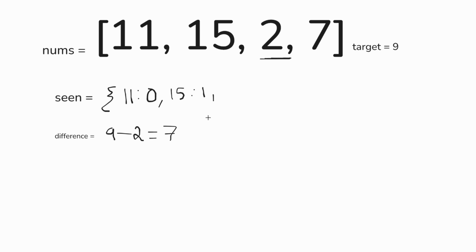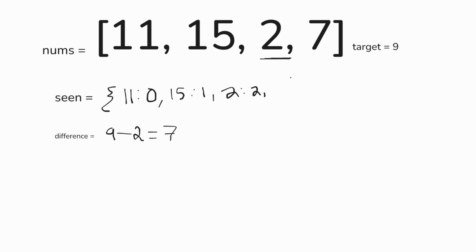Okay, so we're going to look in our seen hash map, which keeps track of all the numbers that we've already seen in our nums array, and we're going to say, okay, do we see a 7 here? No, we don't. So we don't see a 7. So what do we do when we don't see the value in our seen hash map? That means that we don't have a solution yet. So we just add the 2 to our seen and we say where we've seen it. We've seen 2 at index 2.